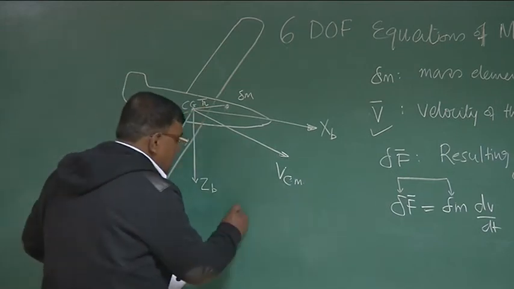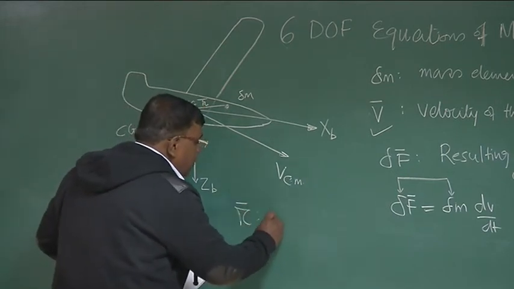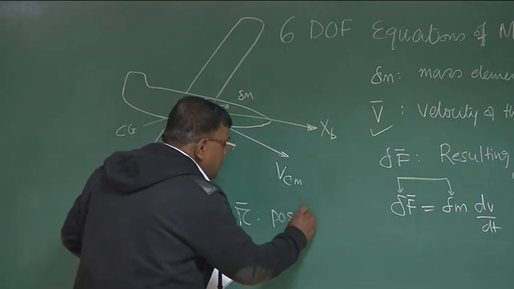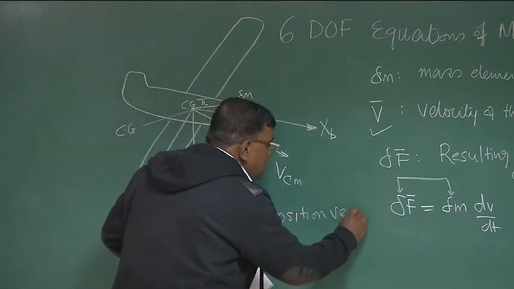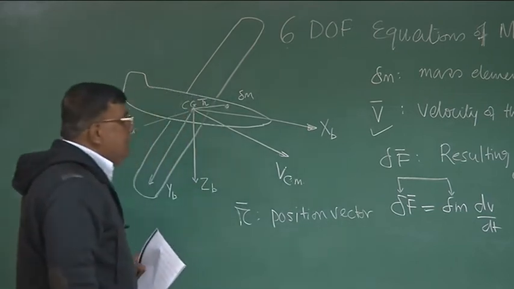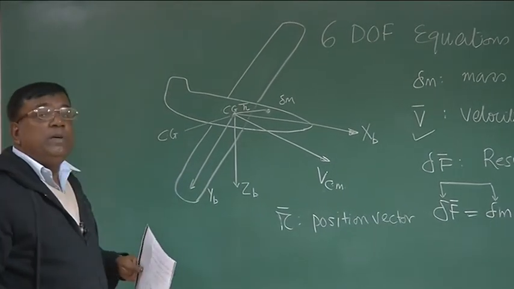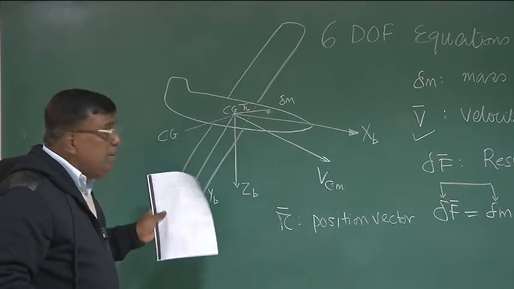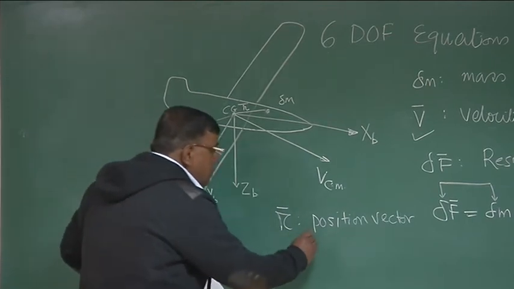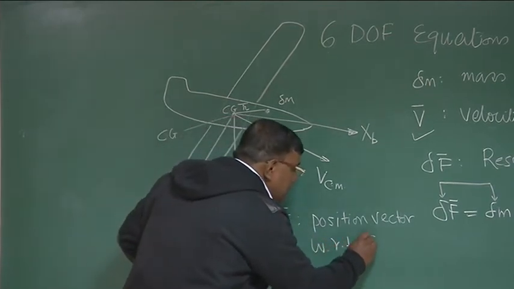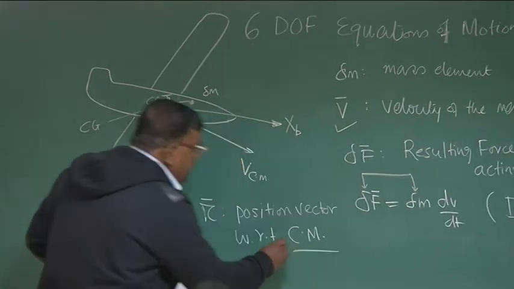R is the position vector, that is, it tells you where this delta m is located with respect to what? Is it with respect to the inertial frame? No, it is with respect to the center of mass, right?